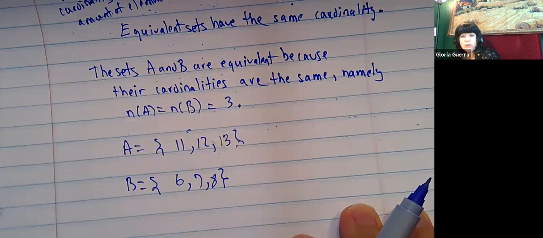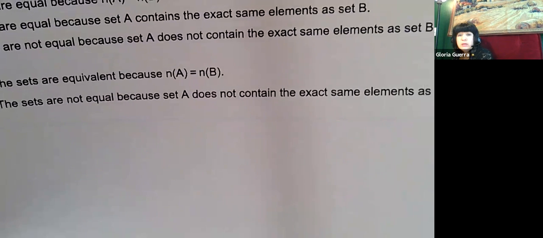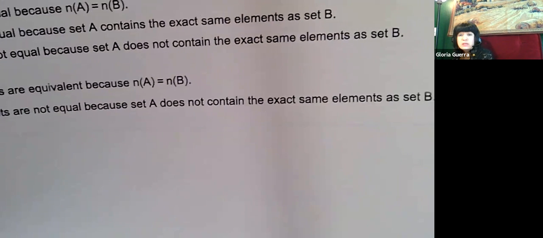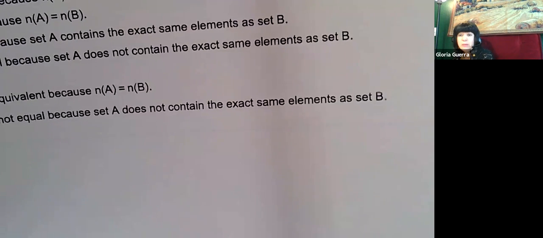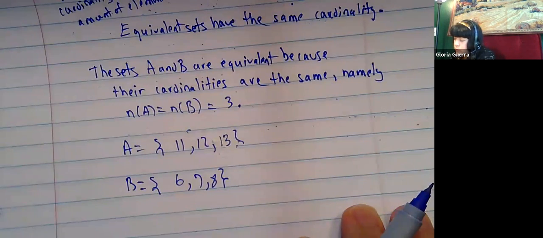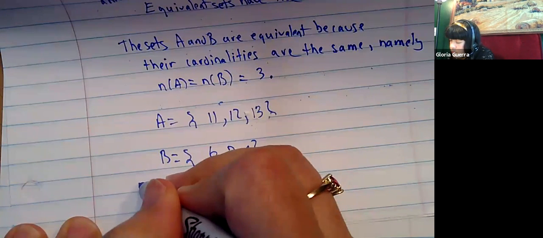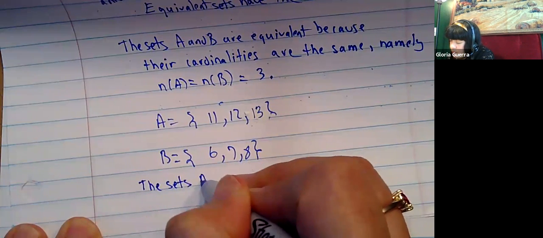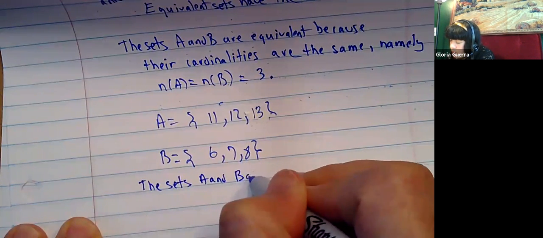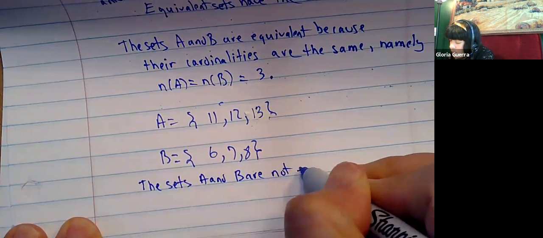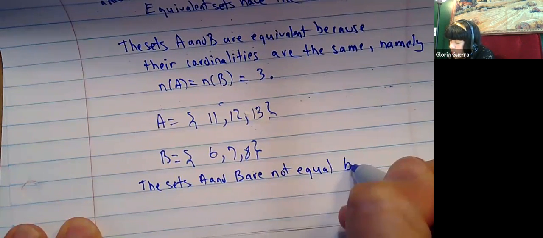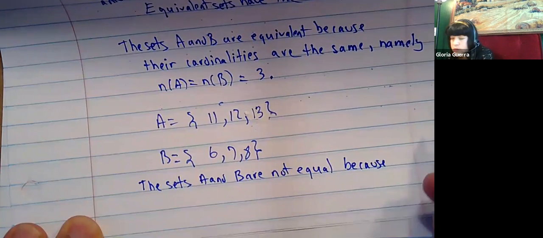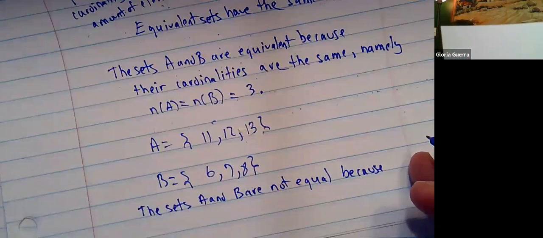And you can see how the write-up says the sets are not equal because set A does not contain the exact same elements as set B. Okay, so I write that down. So the sets A and B are not equal because, let me see how they write, they don't have the same elements.